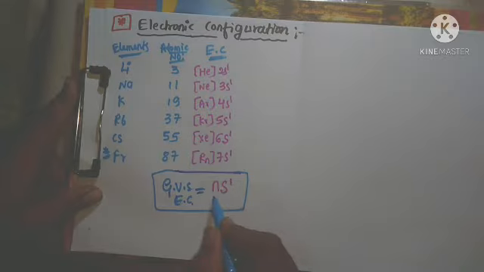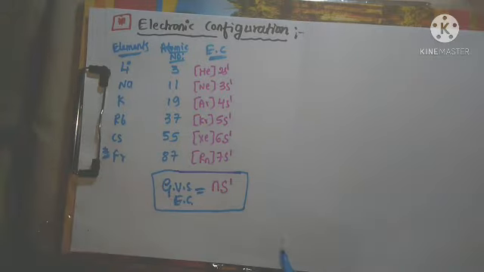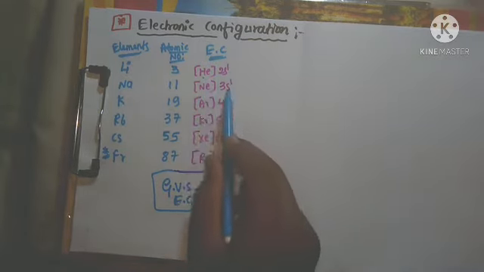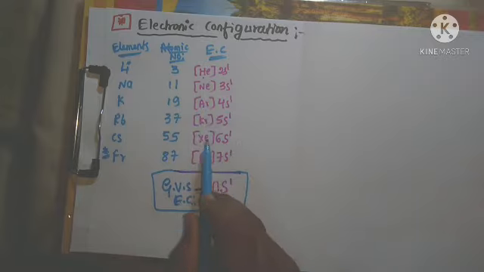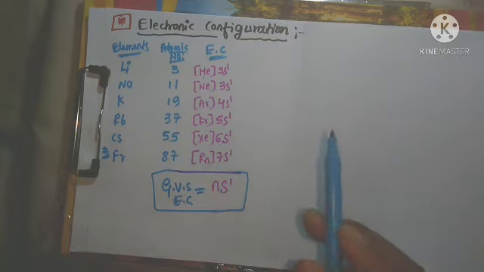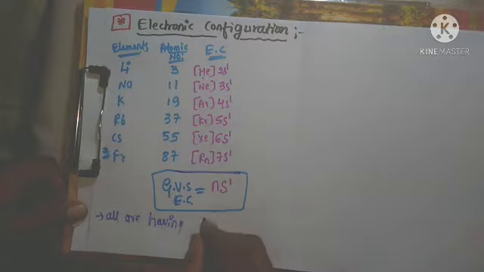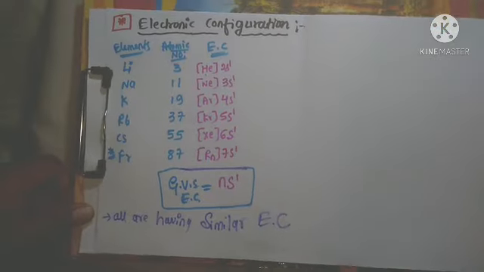First group elements, the general valence shell electronic configuration is ns1. All the electronic configurations are the same: noble gas 2s1, 3s1, 4s1, 5s1, etc. Now all are having similar electronic configuration.